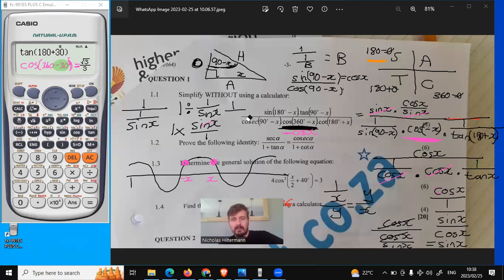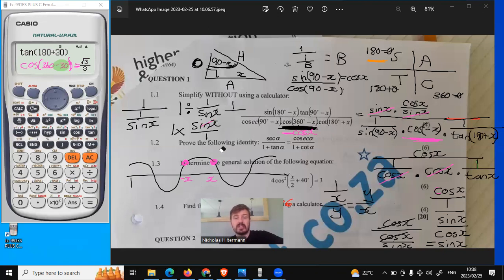That would make sense to check, because sine 30 is a half. If you put all of this in and change your x's to 30s and you end up with the same as sine 30, which is a half, then you've got 4 marks in the bag. But that's probably a minute's calculator work, and we may need that minute on another question.